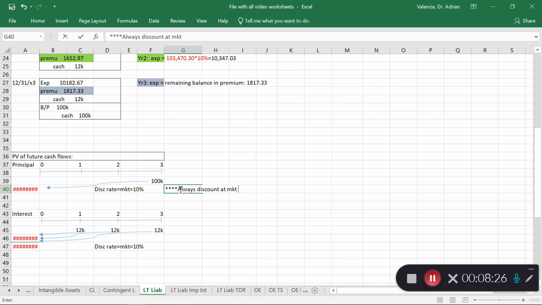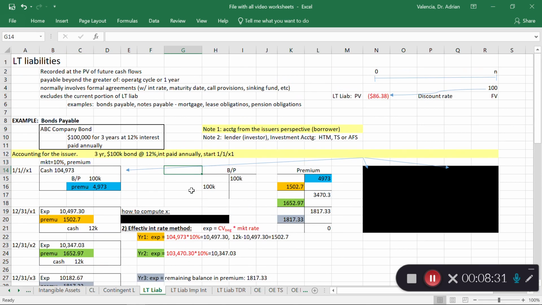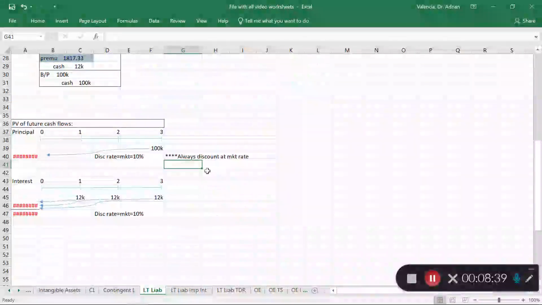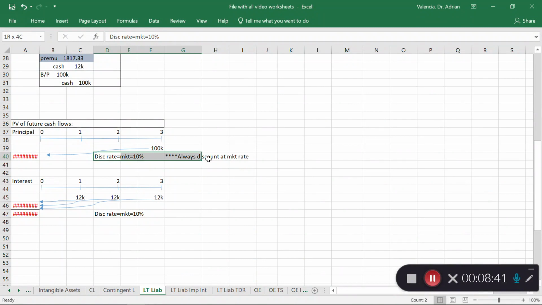at market rate. And the reason I say that is because usually there's two rates that we're dealing with. We're dealing with the coupon rate or the stated rate, and that's what's on the bond, and then the market rate, right? They may be the same, but most of the times they're different. So when I do the discounting here, it has to be at the market rate always. Once I do that, I get a present value.